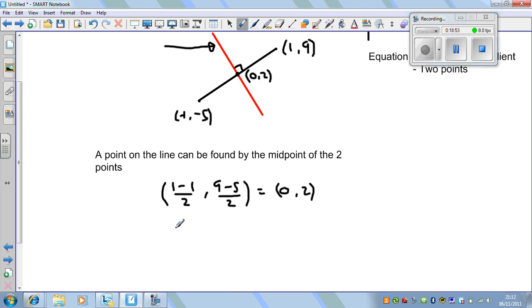So the gradient of the line is going to be given by changing y over changing x. Okay, so changing y is going to be, let's do it from here, 9 take away minus 5. Smallest minus sign ever, and then keeping it the same order, so important, 1 take away minus 1.